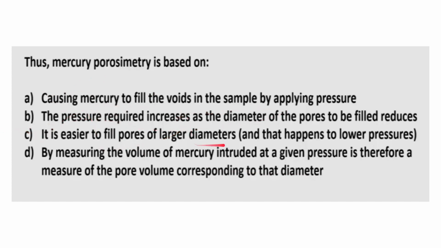The pressure increases as the pore diameter decreases. So it is easier to fill pores of large diameters, as we can see from the relation, and measuring the volume of mercury intruded gives the pore volume corresponding to that diameter, as we just saw.